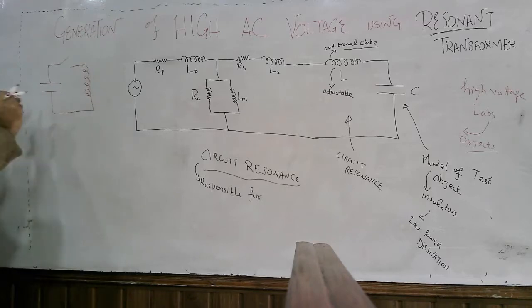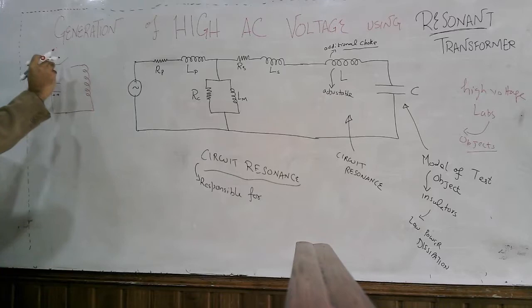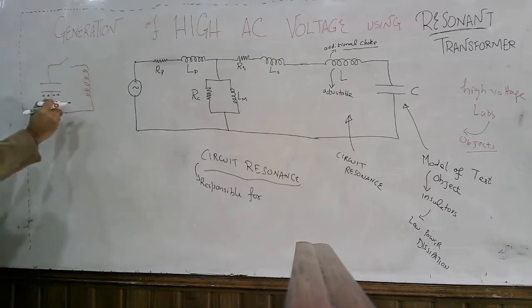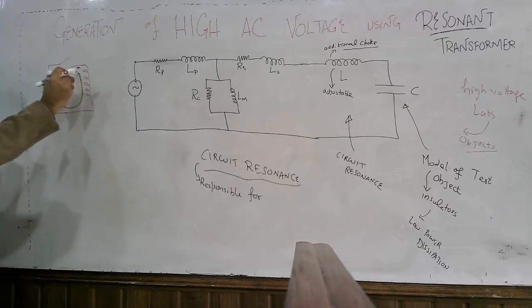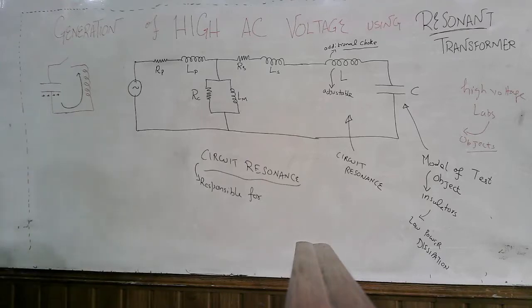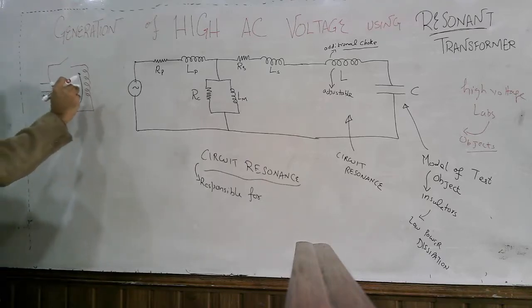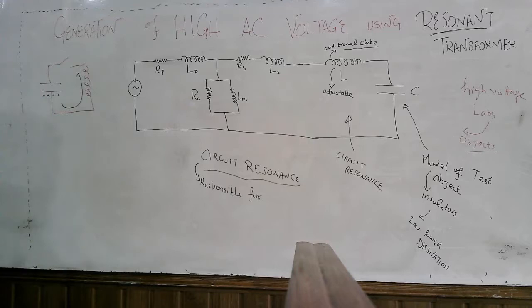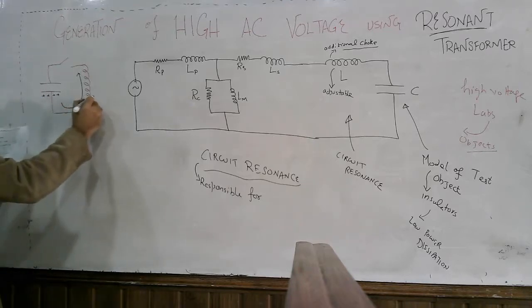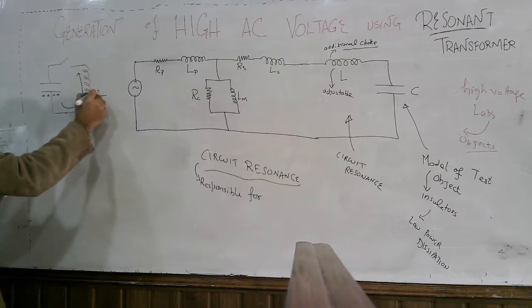Once we charge this capacitor and turn this switch on, what happens? Current flows in this inductor, and the inductor opposes the change in current, so it will create positive potential here and negative here.